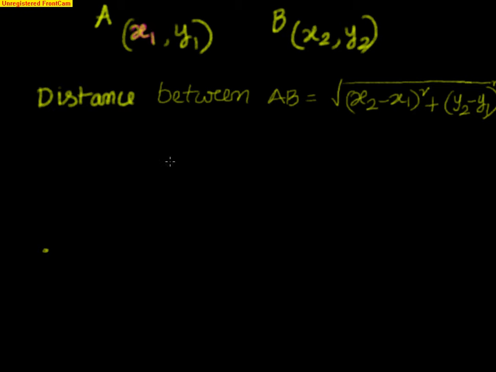This is the point A, this is the point B. Let me try to join them. This is A and this is B, with coordinates x1, y1 and x2, y2. Now first let me find the horizontal distance between them, that is this. What is the vertical distance between them? That is this. I know the horizontal distance. Let's try to plot this point.